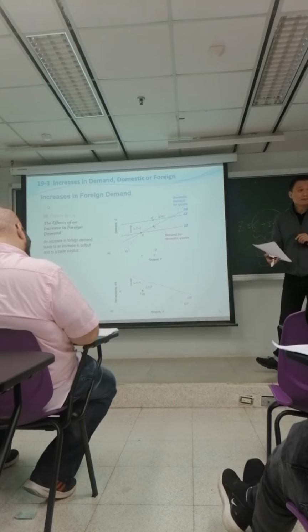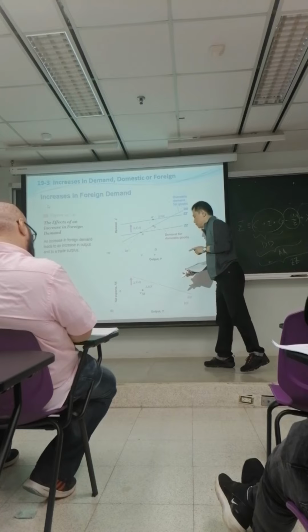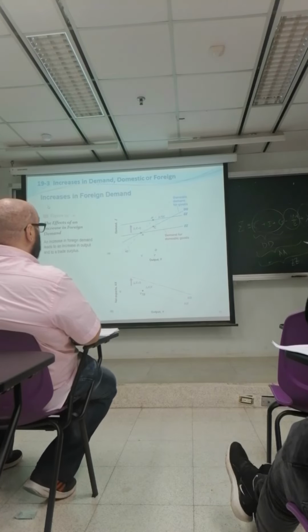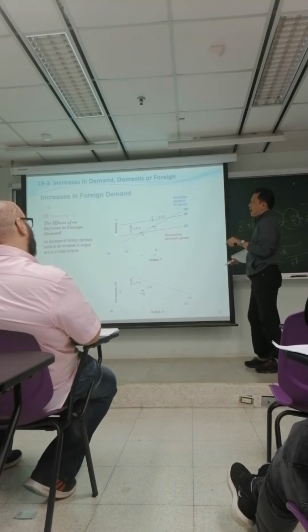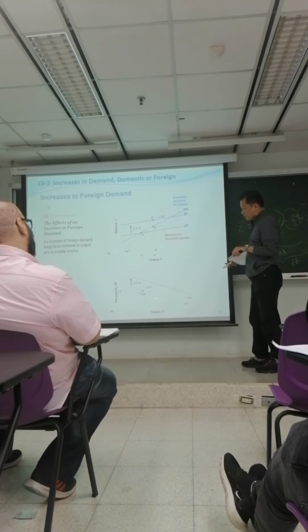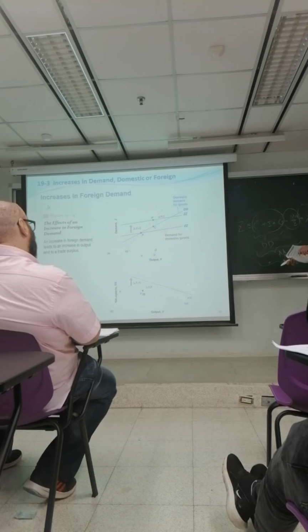Good? But we also need to analyze what's going to happen to our trade balance. Okay? So when export rises, ZZ line shifts up. And it will also affect NX or TB line. Okay? Because TB line is just X minus import.